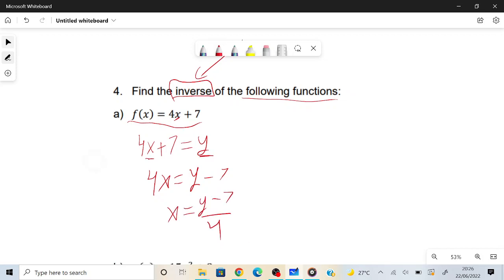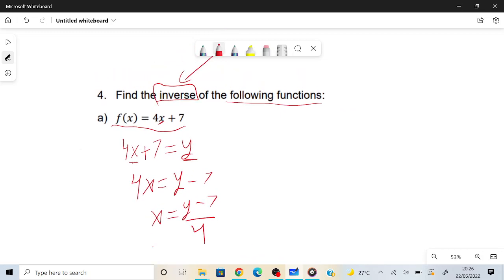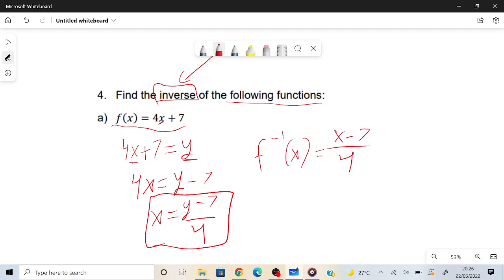Now that we've made x the subject, that's not our final answer. We need to rewrite this, and we write it like this. We do f inverse of x is equal to x minus 7 over 4. Now, the two things to note over here: when you're trying to write the inverse of f of x, you write it like this, with a minus 1 at the top.